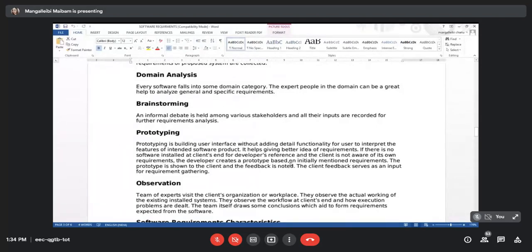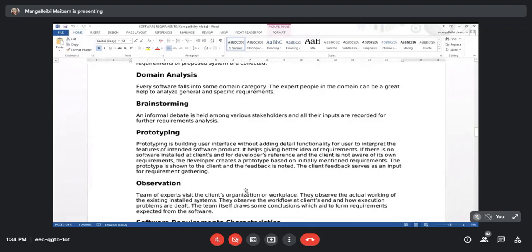One functionality will be added for the user. This is done usually with the client, and also by getting feedback from the client. That means getting feedback from the users. This feedback from the users will serve as an input for requirement gathering.